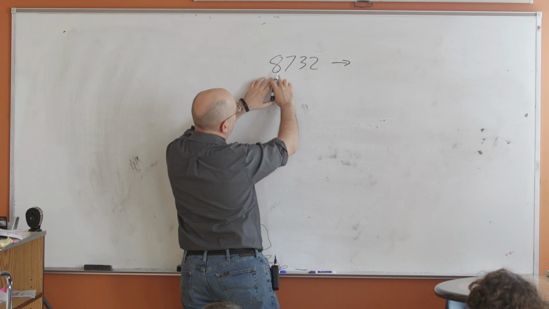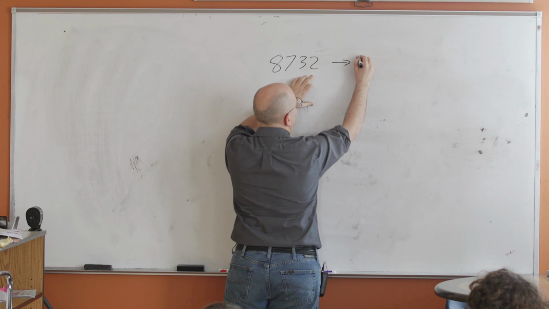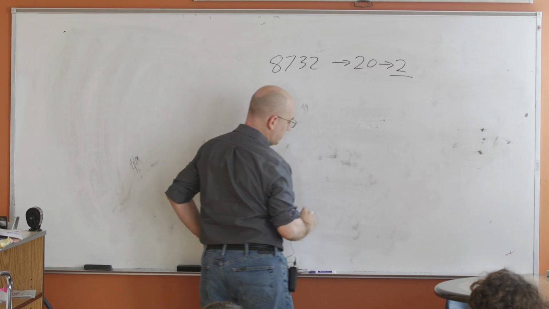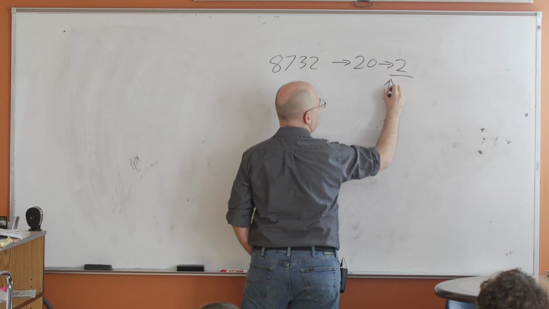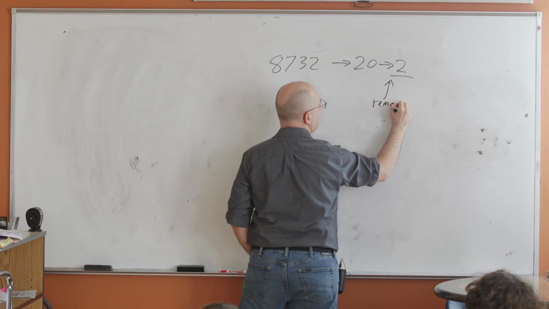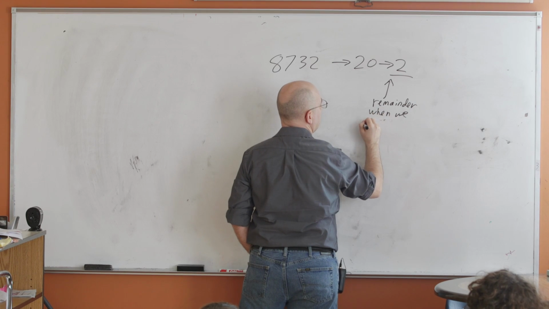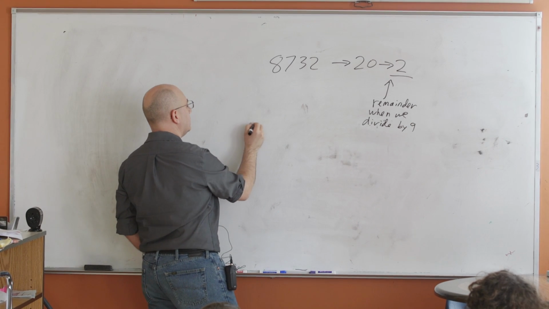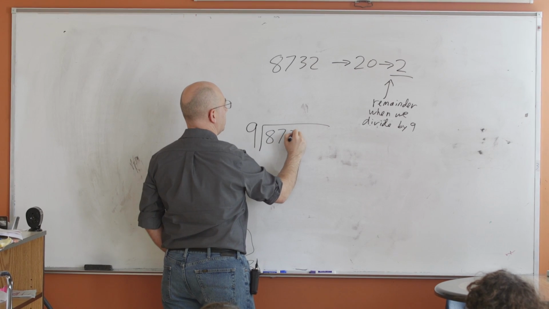So like here, 8 plus 7 is 15, plus 3 is 18, plus 2 is 20. Add them up again, 2. And my claim was that this is the remainder when we divide by 9. So let's do it. So 9 divided into 8732.